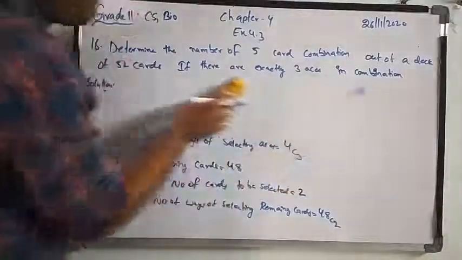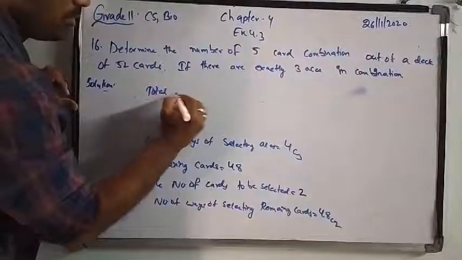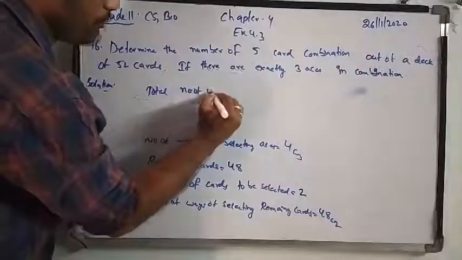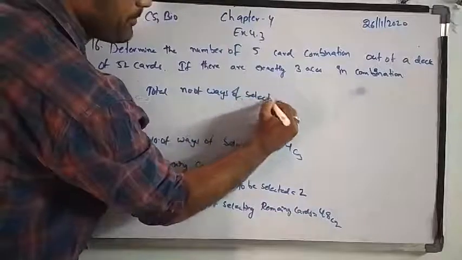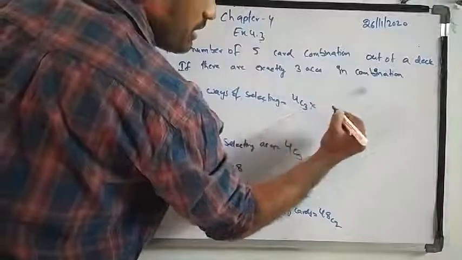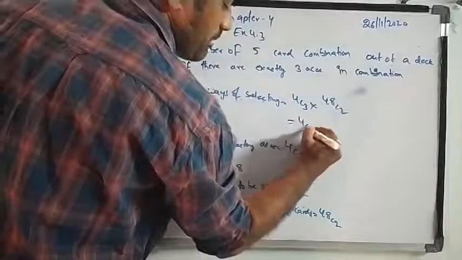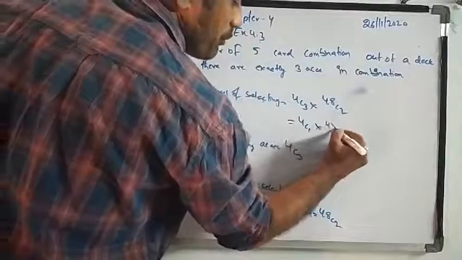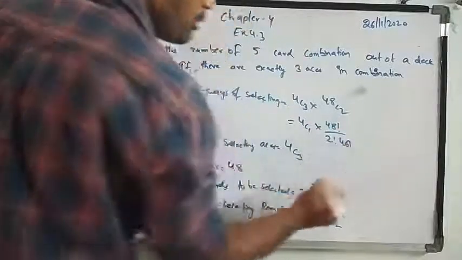So therefore total number of ways of selecting is 4C3 and 48C2. So 4C3 can be written as 4C1, and 48C2 is 48 factorial by 2 factorial into 46 factorial.